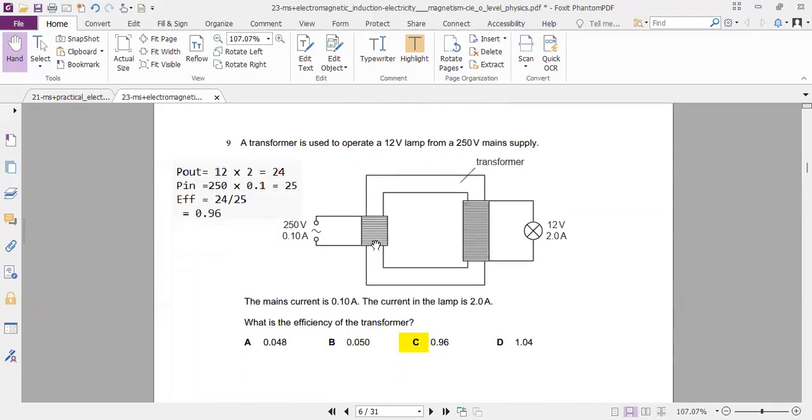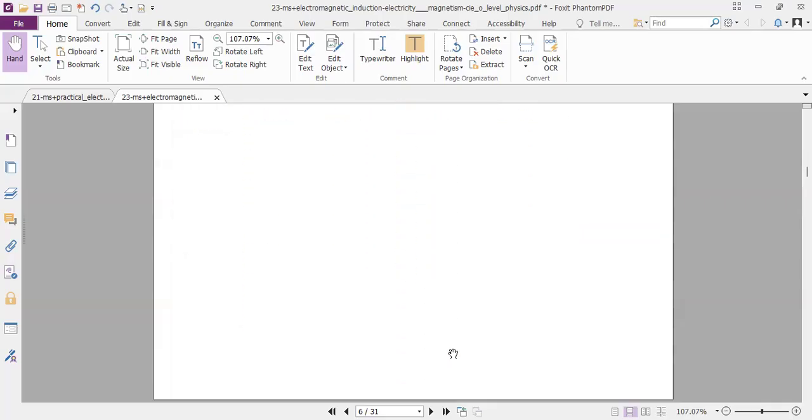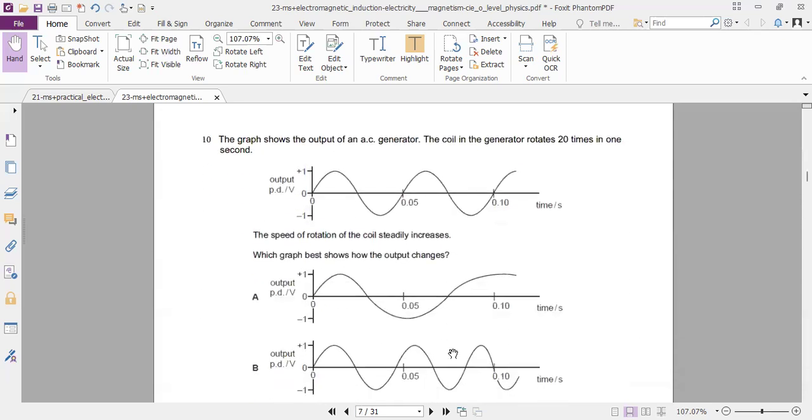So, transformer question. First, we have to calculate the P in and P out, and then the efficiency. So P in is 25, P out 24, efficiency 0.96, given in choice C. Speed of the rotation of an AC generator is given by this curve. If we steadily increase the speed, which graph shows this?